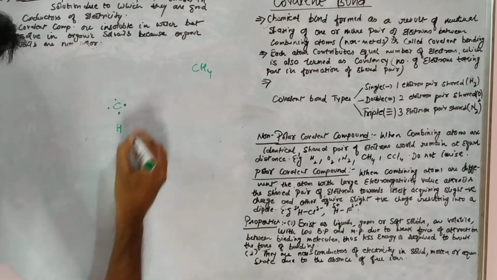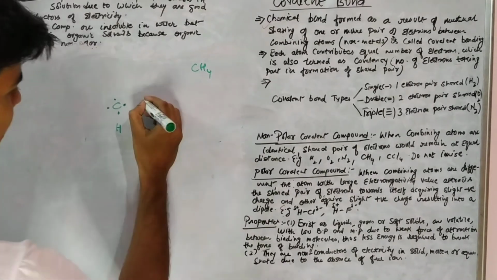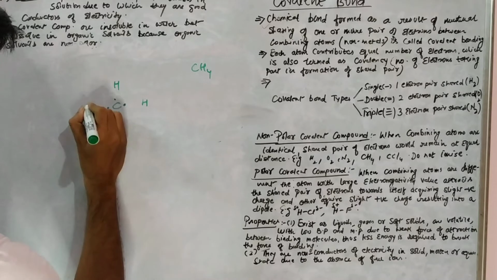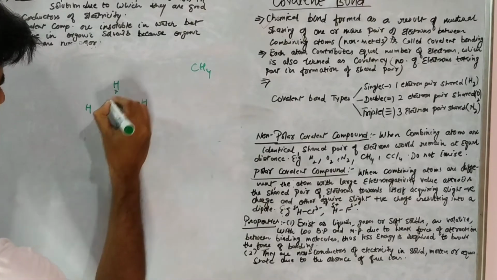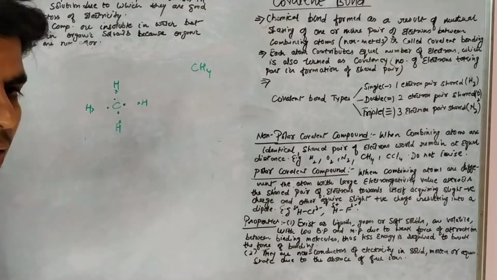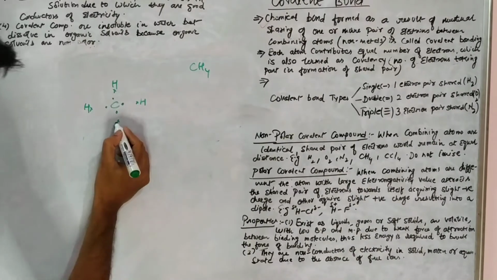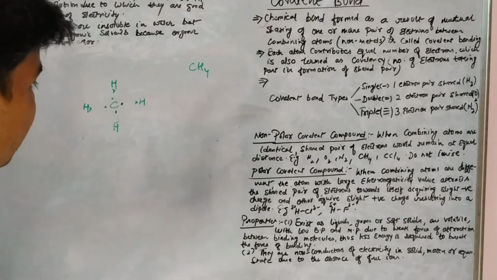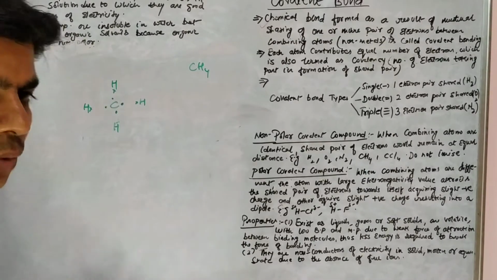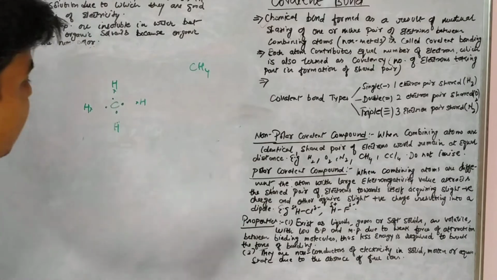This is hydrogen, and we know methane has 4 hydrogen atoms. Hydrogen has 1 electron in its outermost shell. So each hydrogen atom will also try to acquire 2 electrons to become stable, and this carbon will try to acquire 4 more electrons.